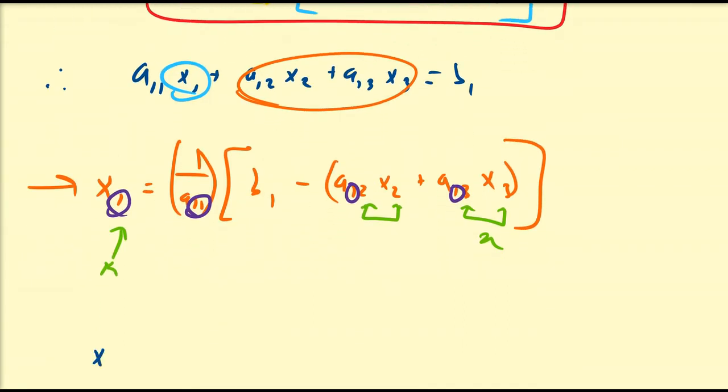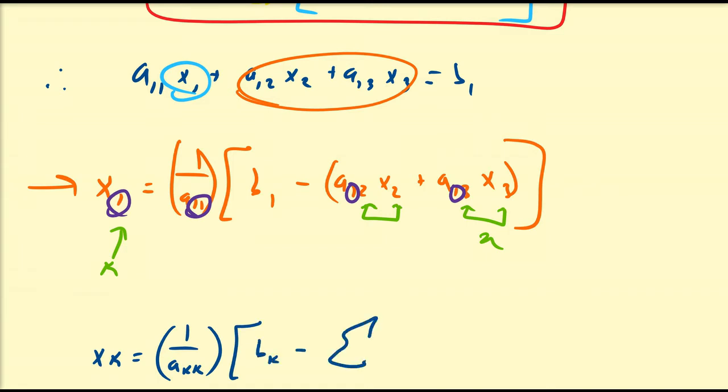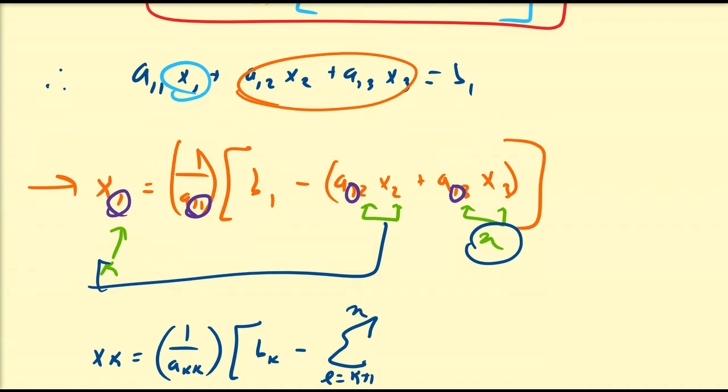then we have that xk is going to be equal to 1 over akk times bk minus the sum, and then we can create some new index variable. So l is equal to, this is 1 higher than that, so it's going to be k plus 1 up to n of akl xl.